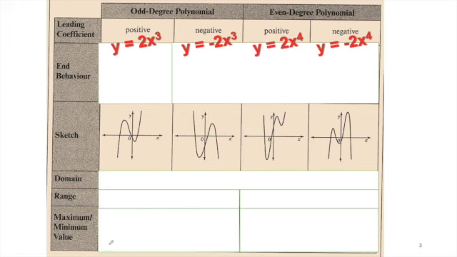Okay, so we're going to look at 4 different examples here. Once you have copied it out, so stop this video, copy this out exactly what you see, and then restart this video, and it'll make more sense. Okay, so if we're looking at an odd degree polynomial, let's look at those first.